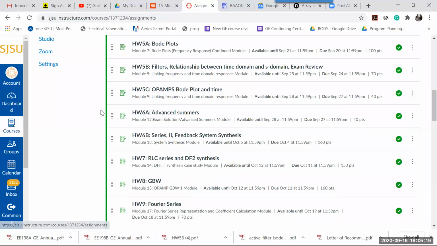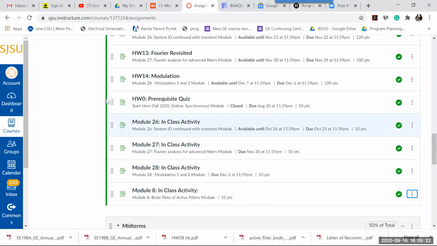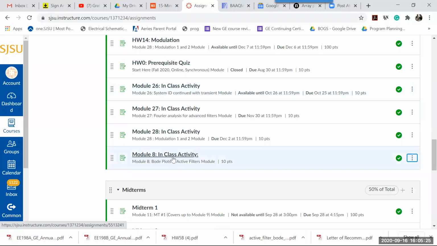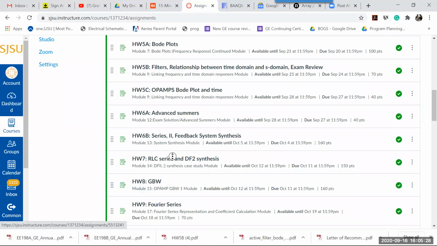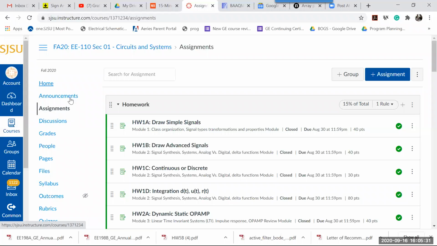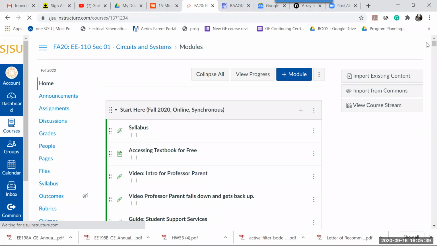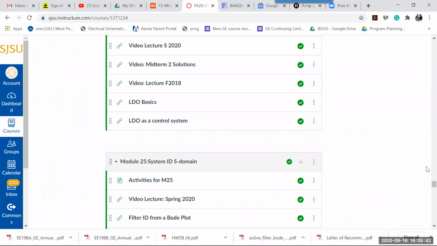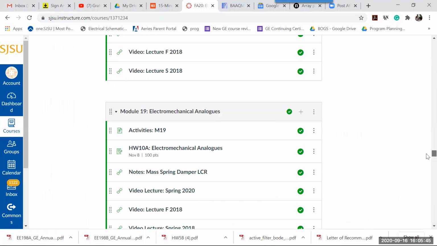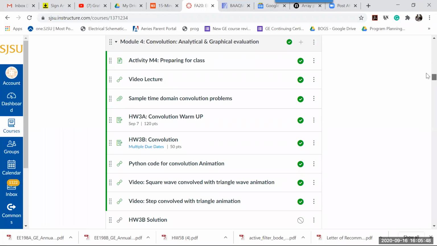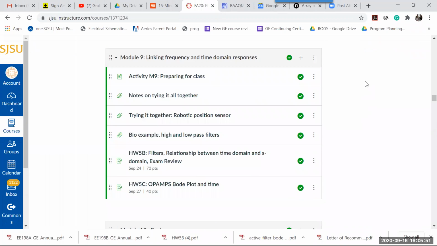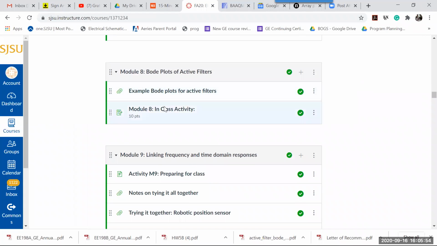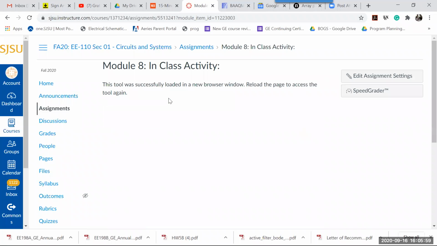And you can either go through assignments and click on Module 8 in-class activity, or you can go to the modules and click on the in-class activity, all right? And you just click on load that in.